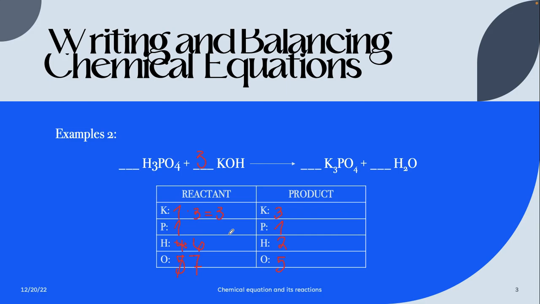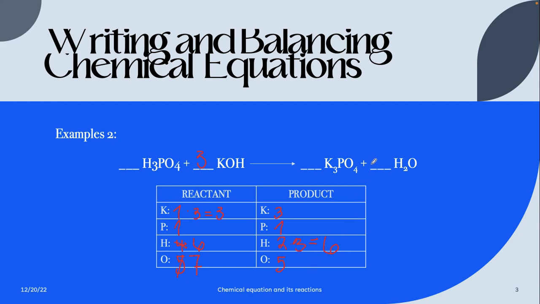In order to now make this balanced, we need to multiply the hydrogen on the product side by 3 to make the hydrogens both 6. Okay? So now we have 6.